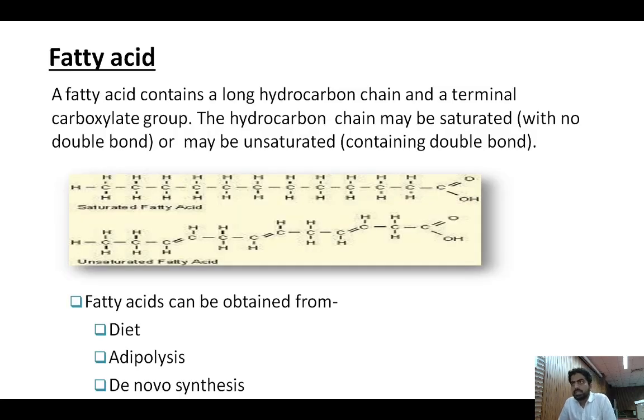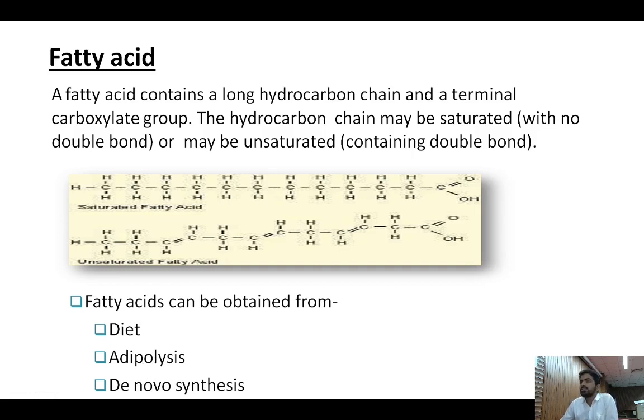So this we have already discussed. Fatty acid is basically a long hydrocarbon chain with a terminal carboxyl group, right? The chain can be saturated or unsaturated, which you have discussed. And where do these fatty acids come from? Either you can take them directly in the diet, or by lipolysis, the breaking down of triacylglycerol.